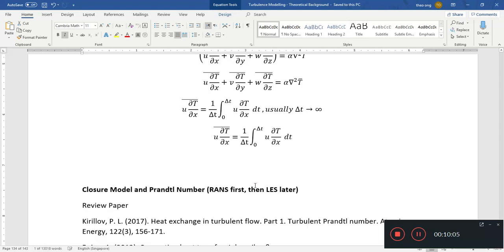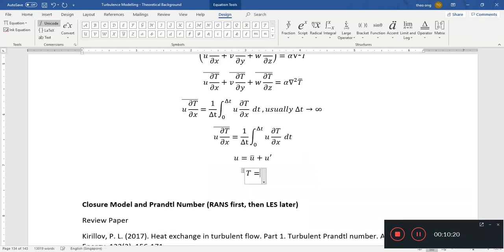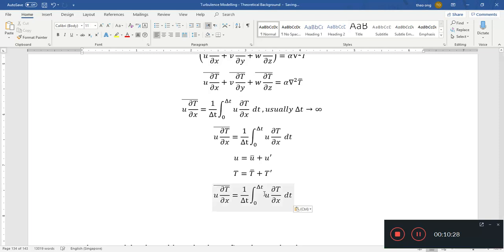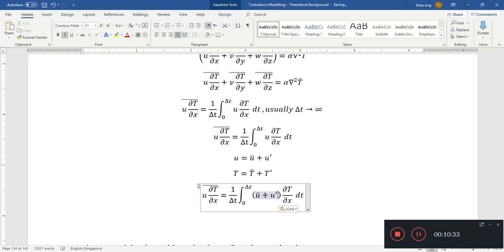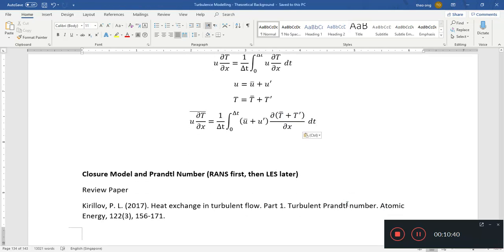What I should do instead is to start decomposing this into the correct terms. So this u, I need to decompose into u bar plus u prime. Likewise, t equals t bar plus t prime. I need to do that first. Once I do that, it should be a little easier to see how this whole thing goes.